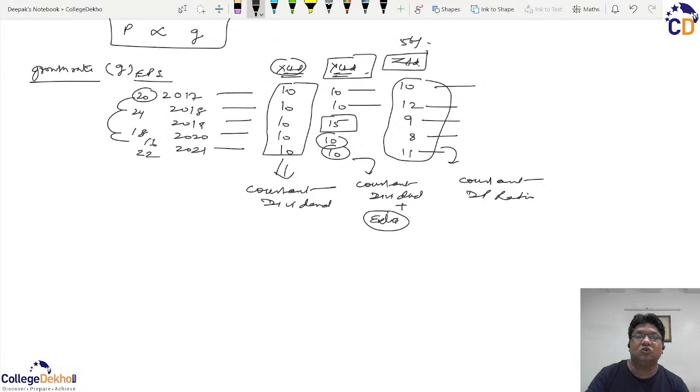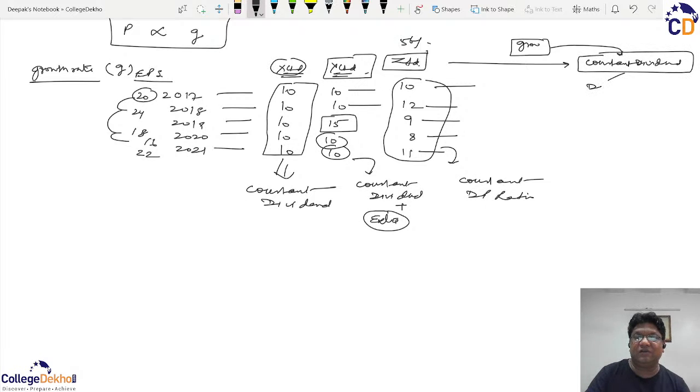So, in addition to these three approaches, normally companies are presumed to grow, so they estimate their growth rate, and on the lines of that growth rate in their sales, they devise a way where they always give a constant dividend, but this constant dividend is not fixed like in the first case, rupees 10.